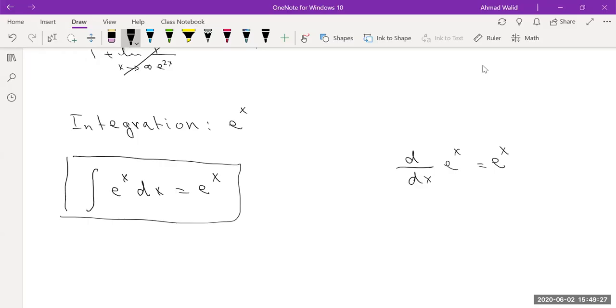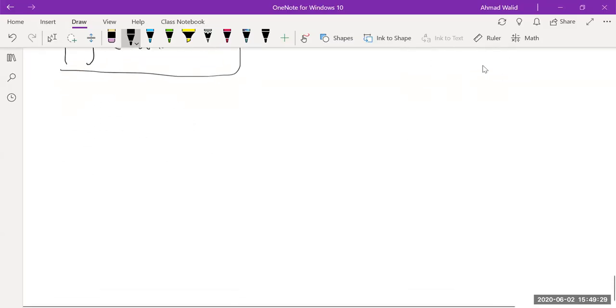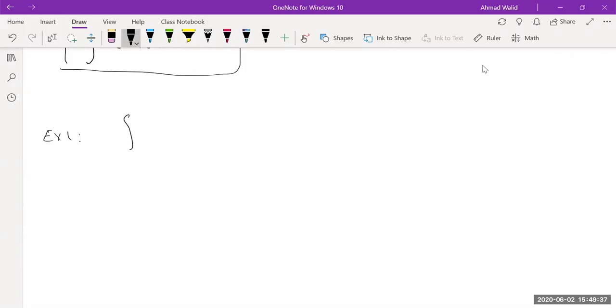All right, let's do like 1 or 2 examples for this formula. Example number 1. Integral of x squared e to the power of x cubed dx.